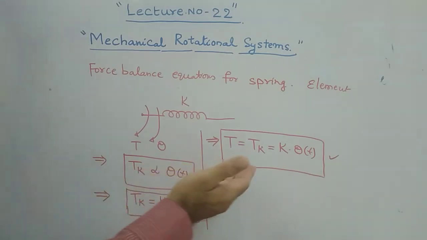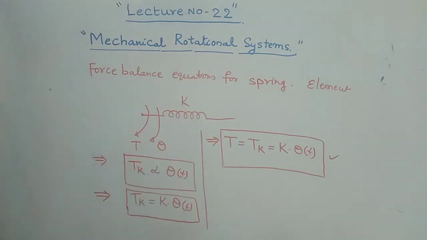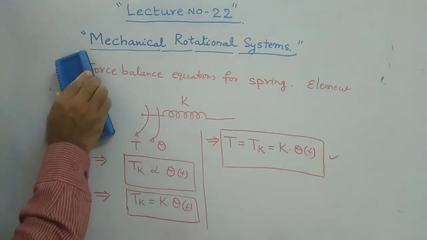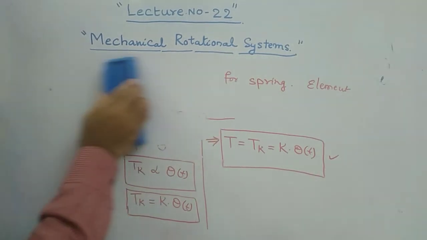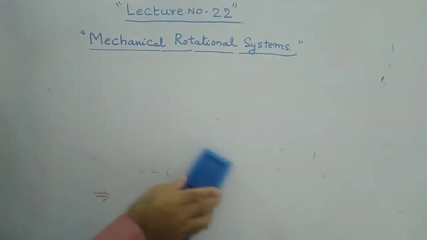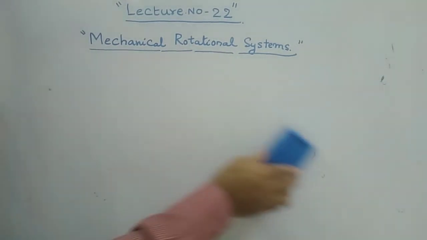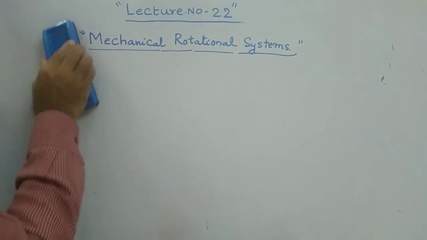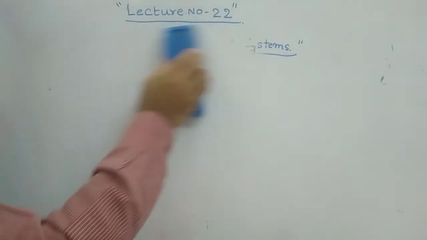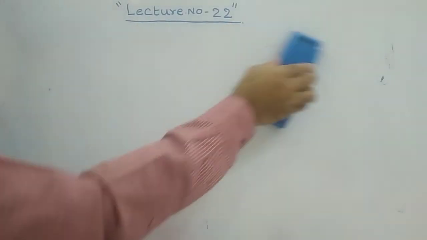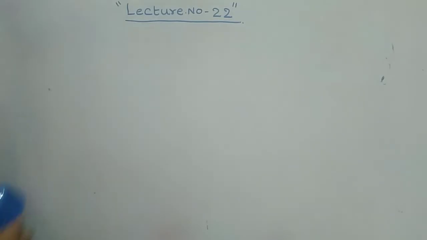These are the force balance equations we have seen clearly. Now we will see one simple example on this, how the differential equation can be written and how the transfer function can be obtained.